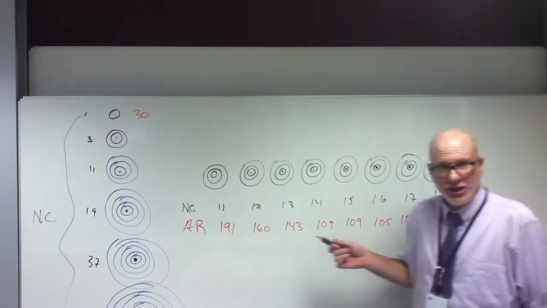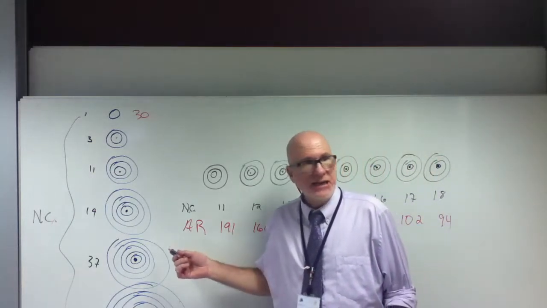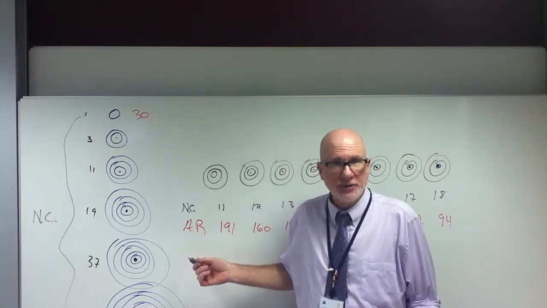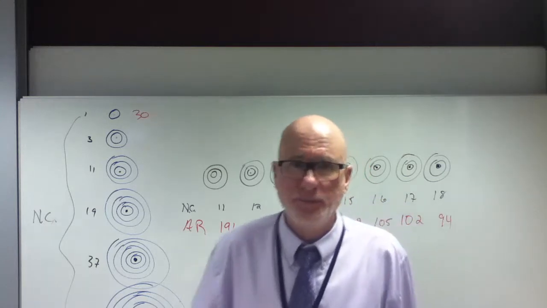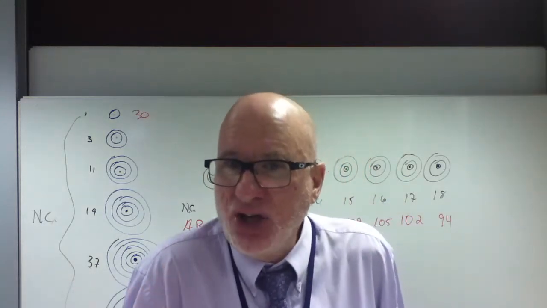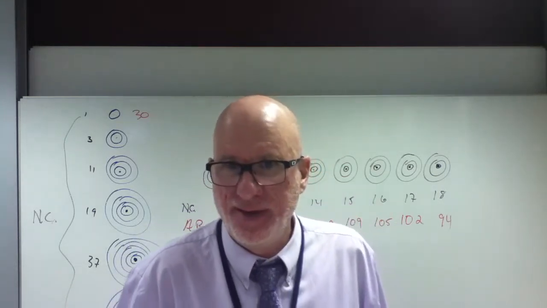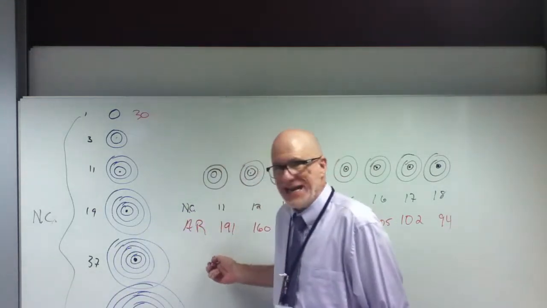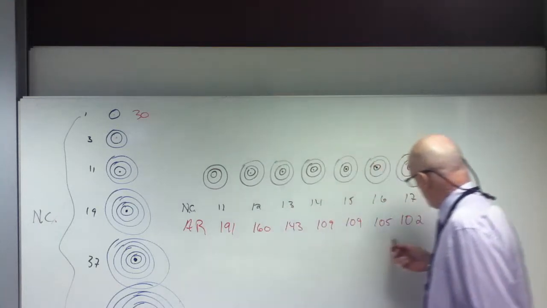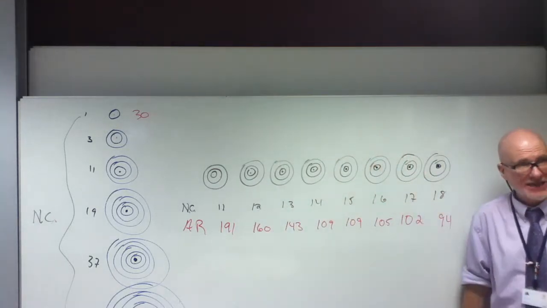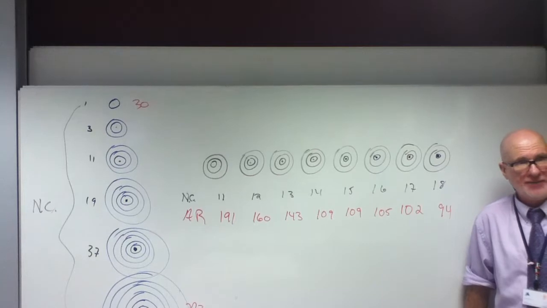There's no shielding influence, yet the nuclear charge is so powerful, the volume of the atom is collapsing in on itself. It's going from 191 down to 94. That's a significant drop in radius, wouldn't you say?